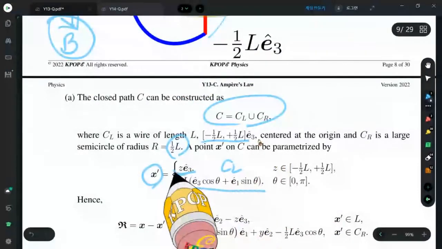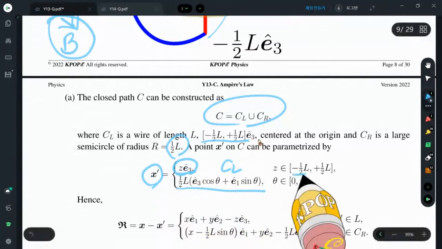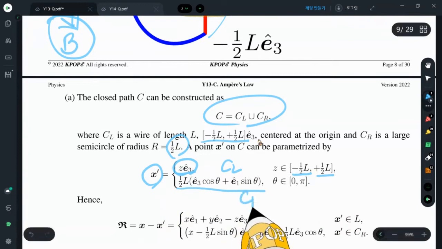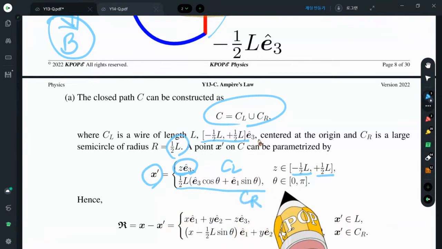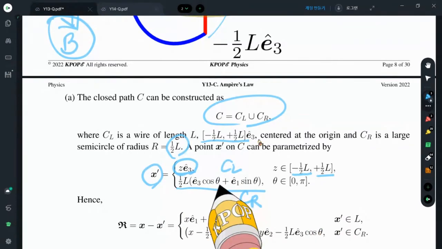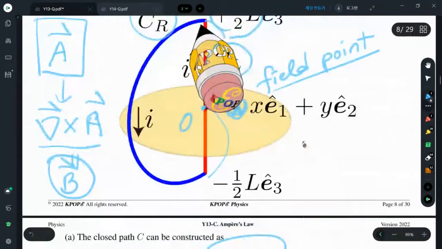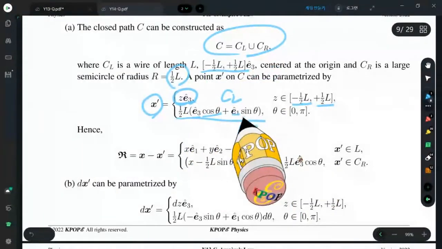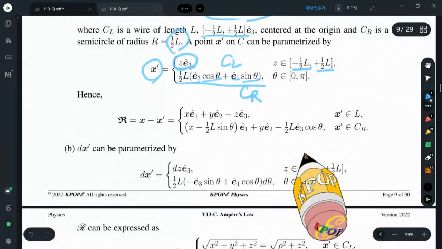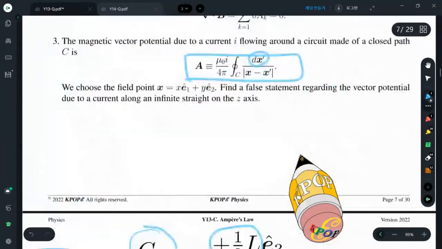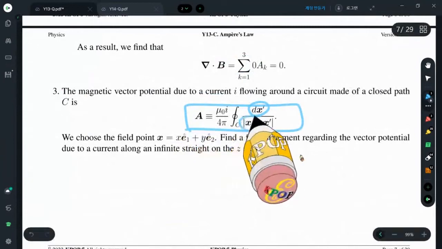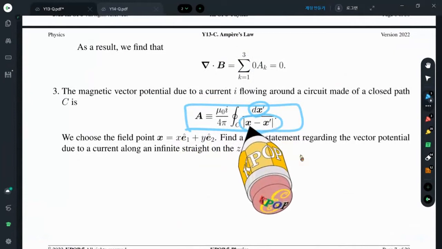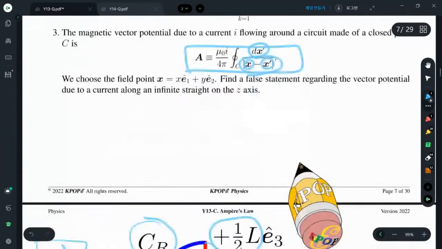So CL is a straight line, so Z varies from -1/2 L to +1/2 L. And CR is a semicircle on the ZX plane. So cosine, sine, okay? In order to find the vector potential, we need to compute the absolute value, the distance between the field point and source point.